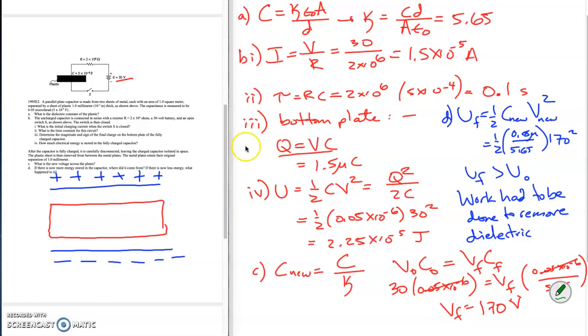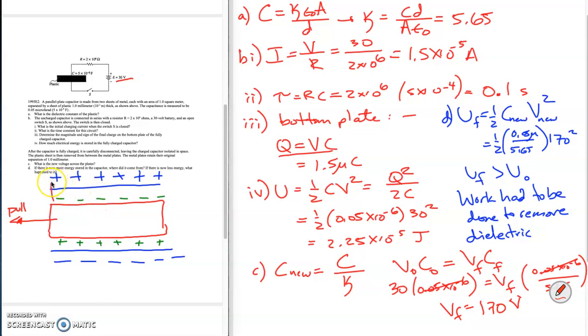So as it gets polarized, that means we have a bunch of minuses pulled close to these pluses, and then we have a bunch of pluses pulled close to these minuses. And when we're going to remove the dielectric, that means we're going to pull it to the side, so pull.